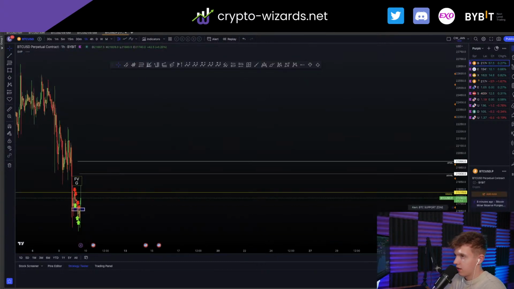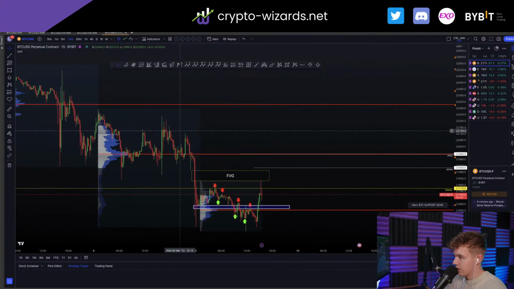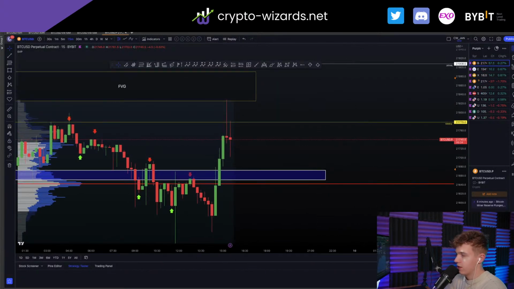Let's check the trade. All right, so yeah, we are getting the rejection. Very choppy so far. Let's monitor the order flow.